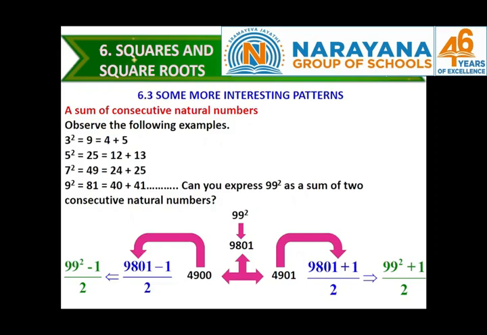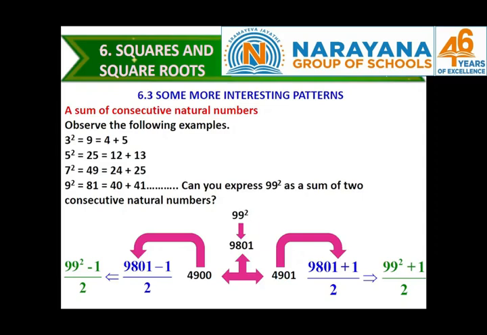See, I am giving one more example here, 99 square. The value of 99 square is equal to 9801. That I am going to express as the sum of 4900 and 4901. How am I going to get this 4900? It is (9801 minus 1) by 2, and the second one is (9801 plus 1) by 2.